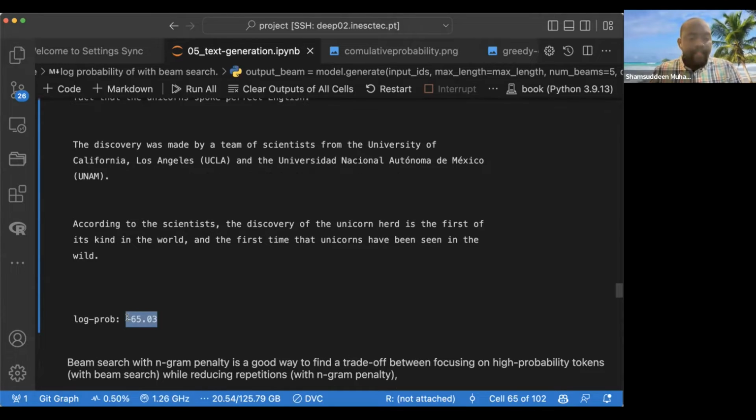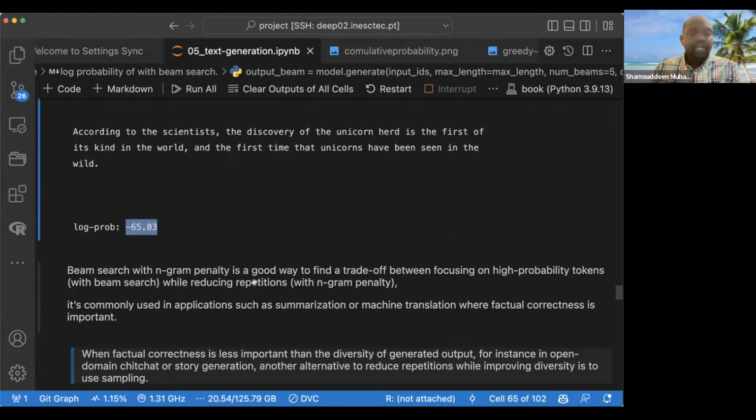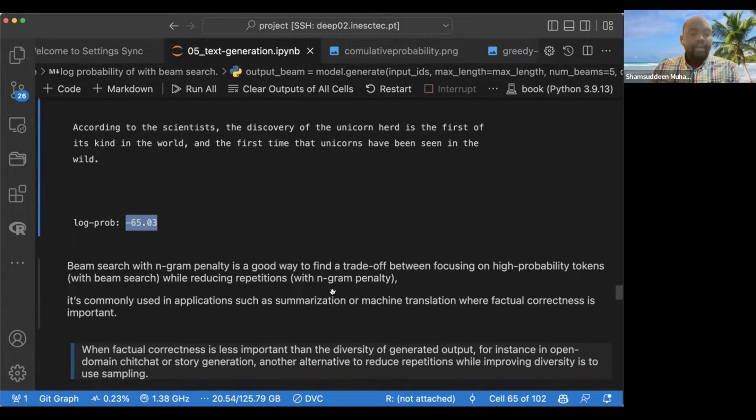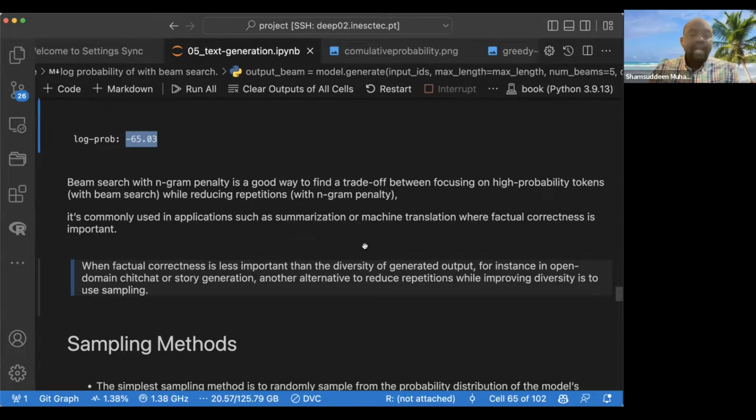So beam search with an n-gram penalty is a good way to find a trade-off between focusing on high probability tokens and reducing repetition. It is commonly used in applications such as summarization and machine translation. They also mention that in cases where factual correctness is less important than diversity of the generated output, other approaches apply.